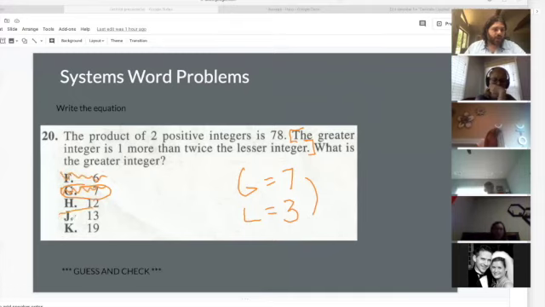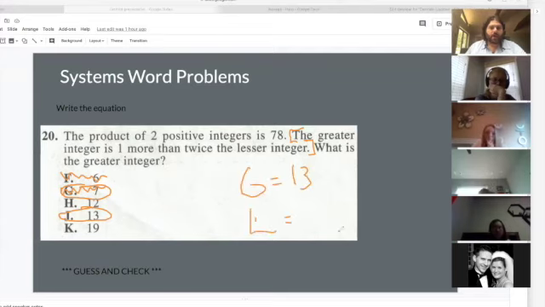So then we jump over to J. Let's try 13. If the greater was 13, then what would the lesser be? Ari, can you help me with that? What would the lesser be? If the greater number was 13, what would the lesser number have to be? This one's hard.